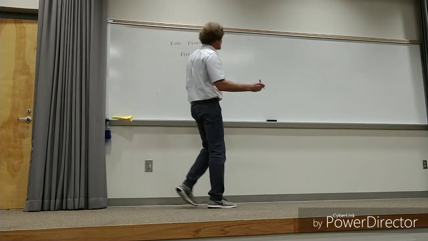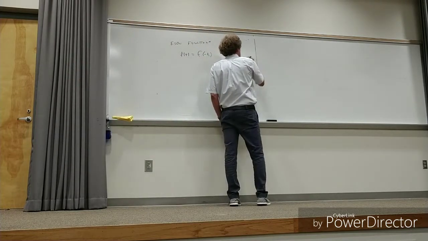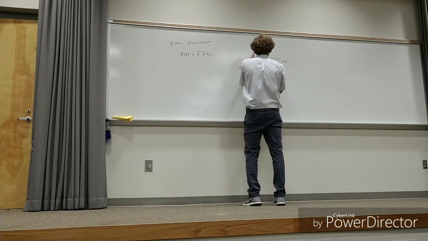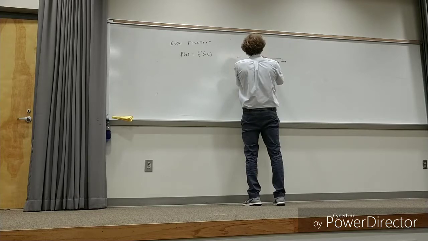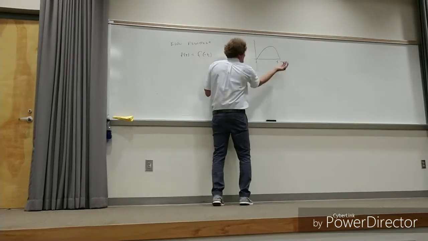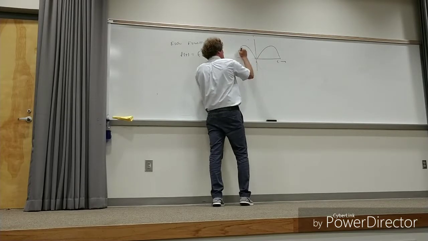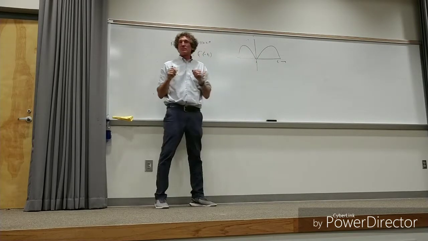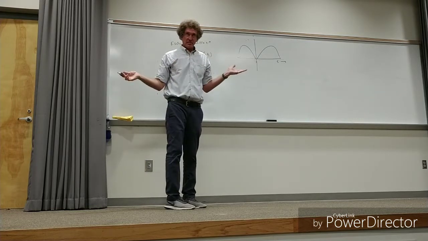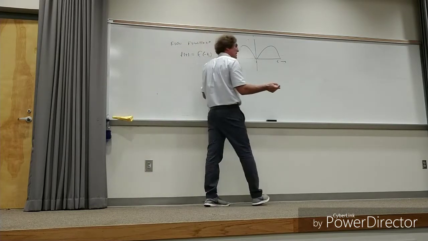I like pictures. An even function is something that if I come, and this is t here, and I go at 0, if I have anything over here, if I took this axis and flipped it around and looked this way, it would look the same. That's an even function. An example of an even function is cosine of theta, or cosine of t.